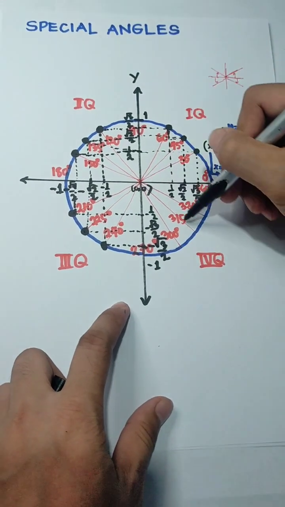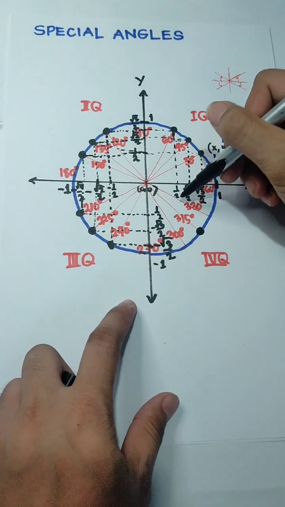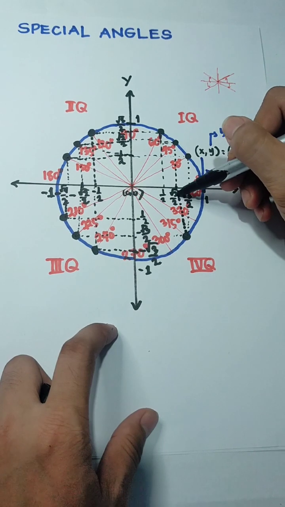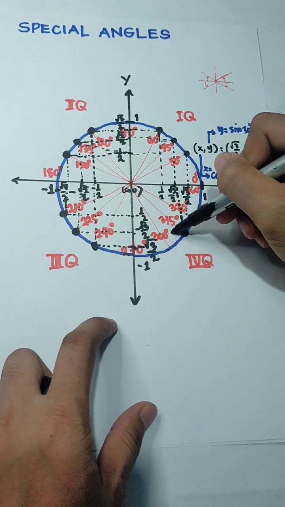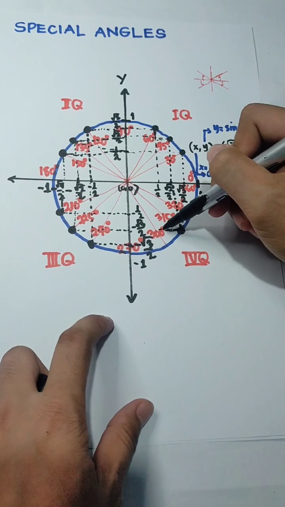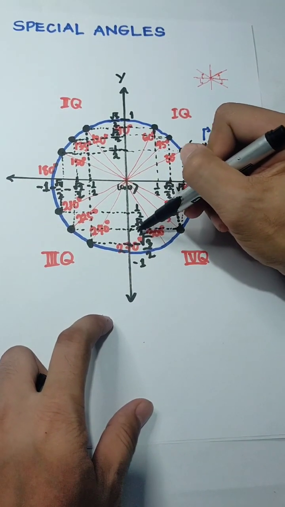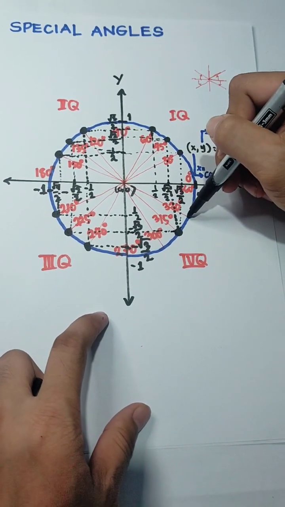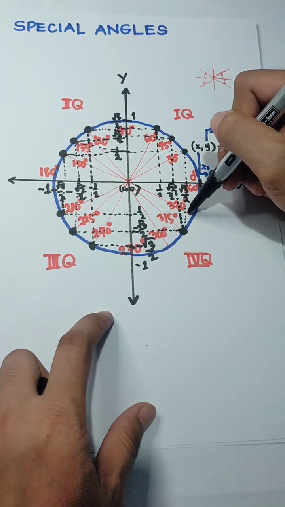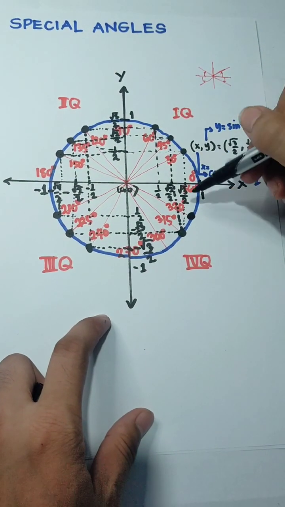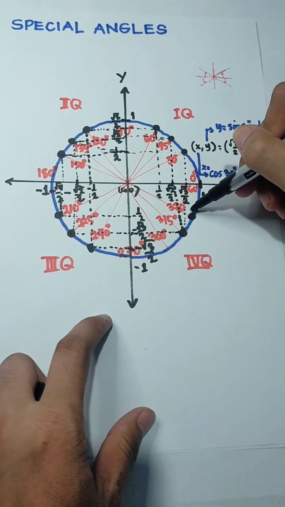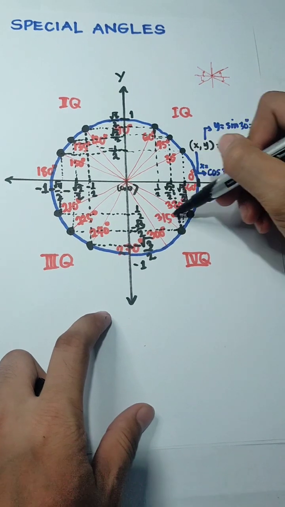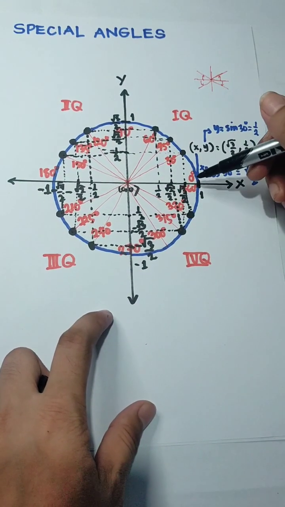And now let's move to the fourth quadrant. Let's begin from the 45 degrees of the fourth quadrant. It's square root of 2 over 2 over here, and then our y value is negative square root of 2 over 2. Now moving to 30 degrees of our fourth quadrant, or 330 degrees in standard angle, the x value is square root of 3 over 2 and the y value is negative 1/2.